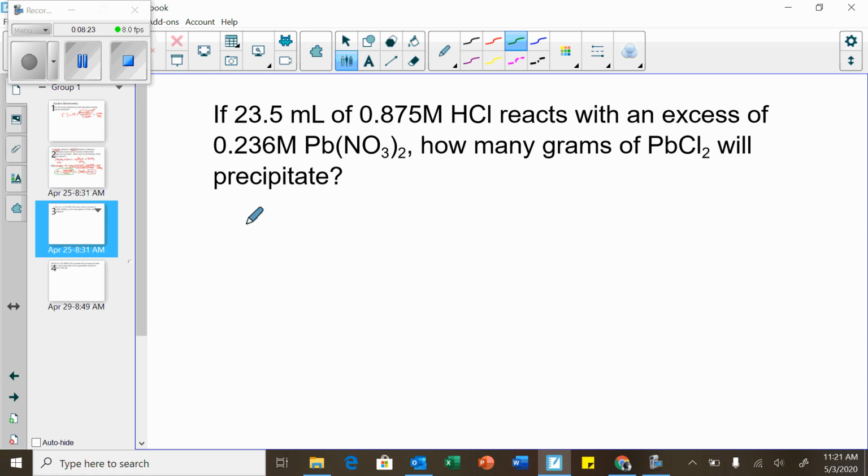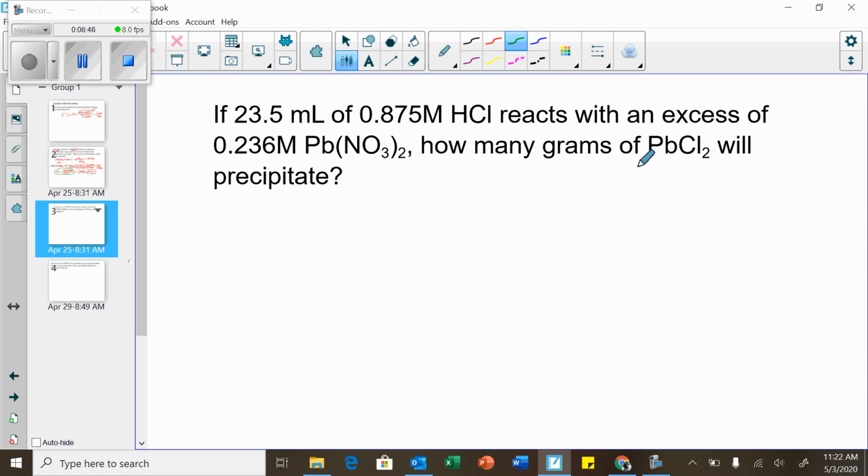Okay, so the other kind of problem here is we have a solution whose components we know both the molarity and the volume. And we're trying to figure out how many grams of a precipitate that we're going to make. So very similar to the other problem if we were doing it in reverse, right?